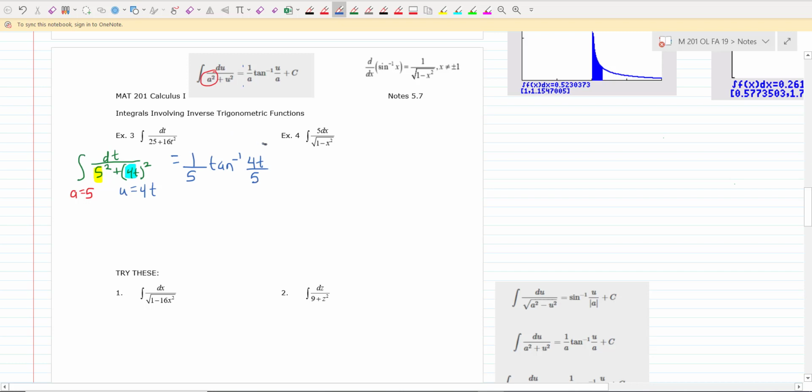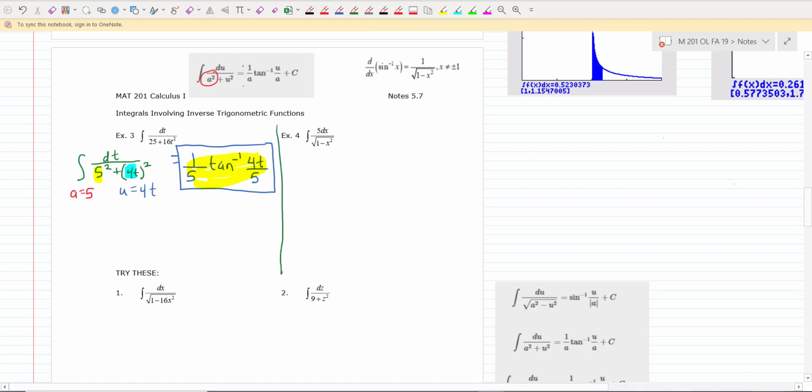So that should be the antiderivative. That's the value of that indefinite integral. Now, how do you check that? If you wanted to check that, you'd have to do the derivative and see if it worked out okay. So that would be how you do that. Just identify A as 5, identify U as 4t. Then you've got your solution.